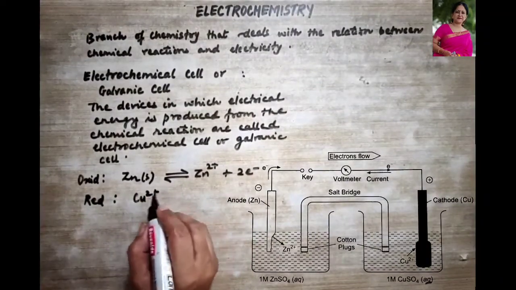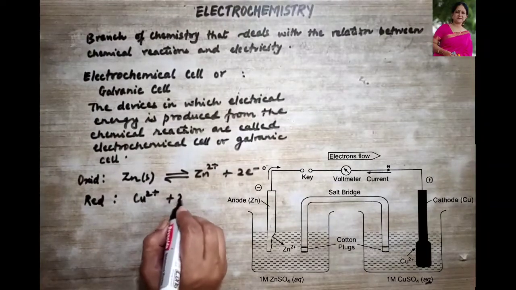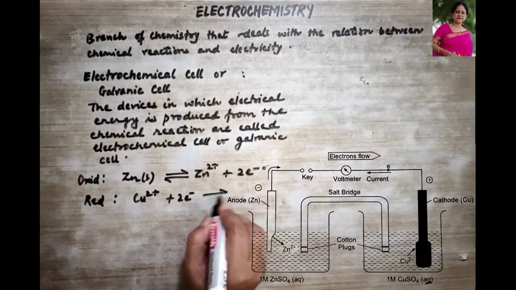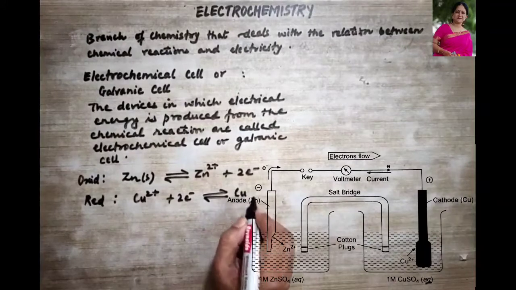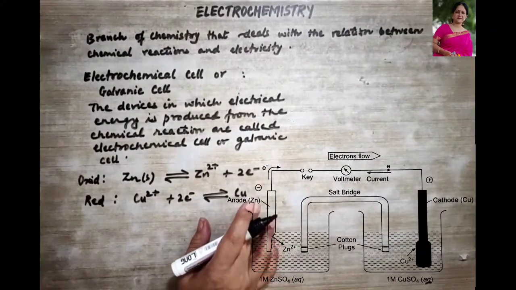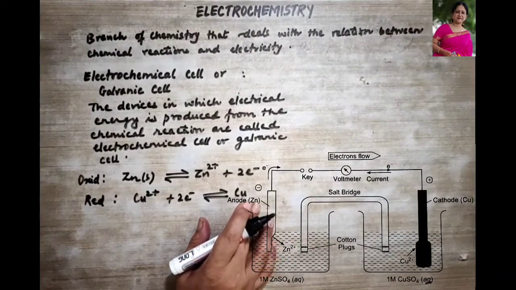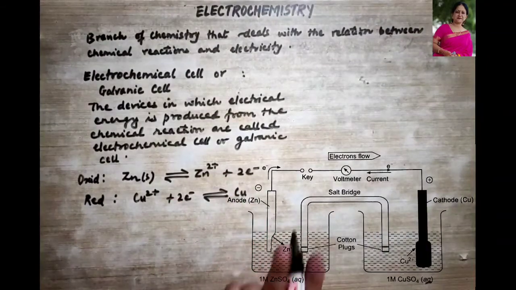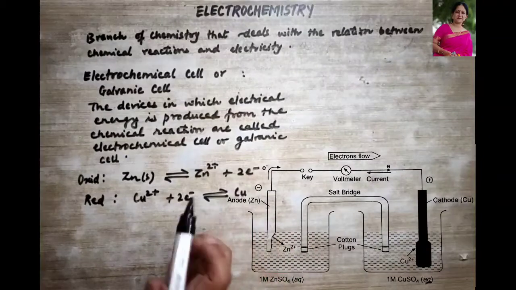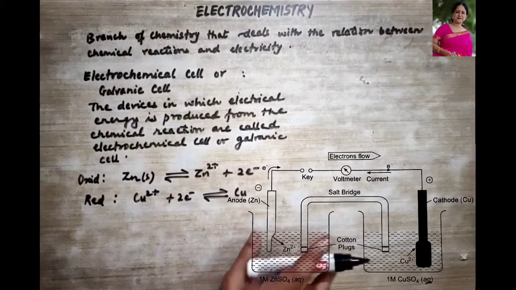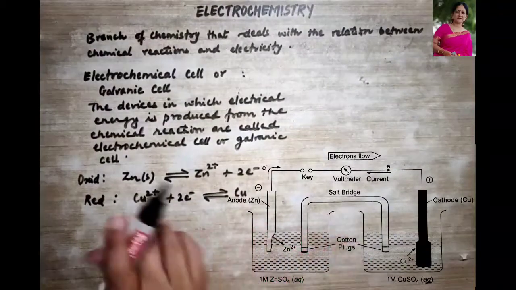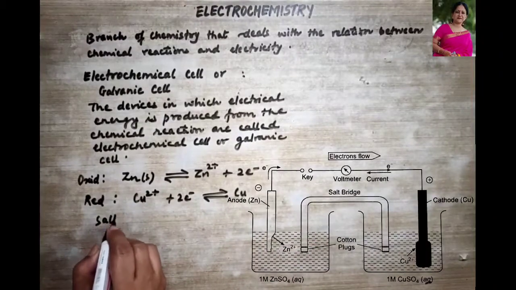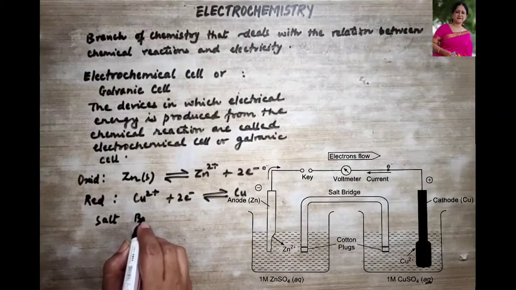Cu2+ is going to accept those two electrons and it is going to give us copper in its neutral state, right? So the reaction taking place in each of the half cells is termed as a half cell reaction.